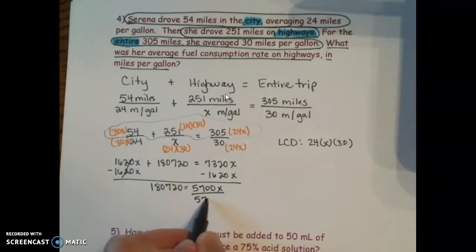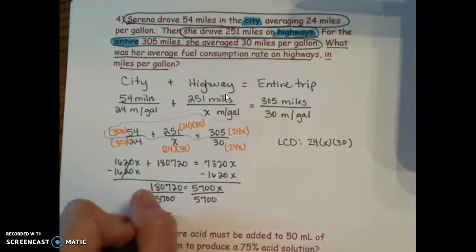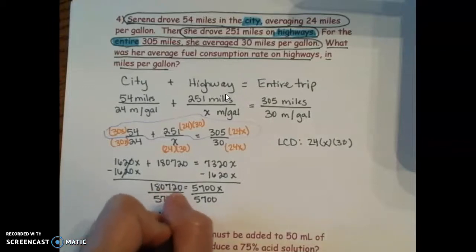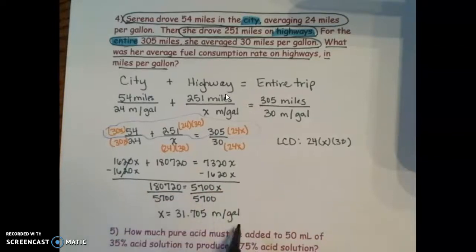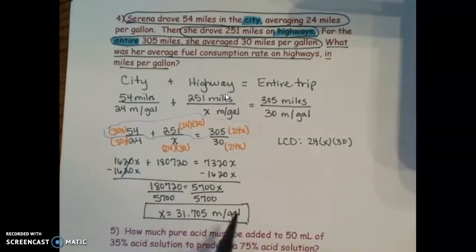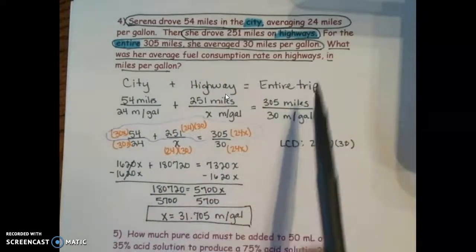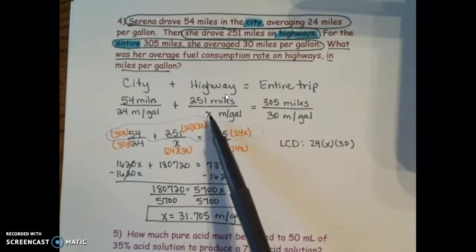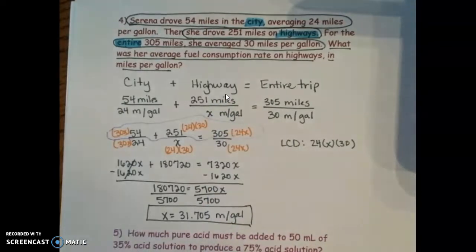We'll divide, and we're going to get x equals 31.705 miles per gallon. The question asks for her average fuel consumption on the highways. If you go back to how we set this up, x does represent miles per gallon on the highway, so you know you've answered the correct question.